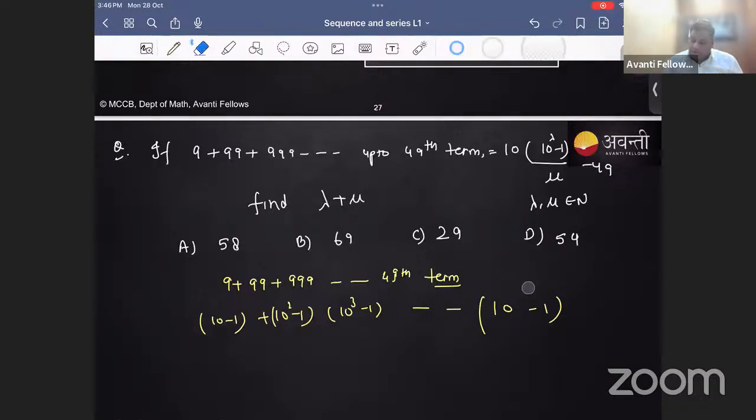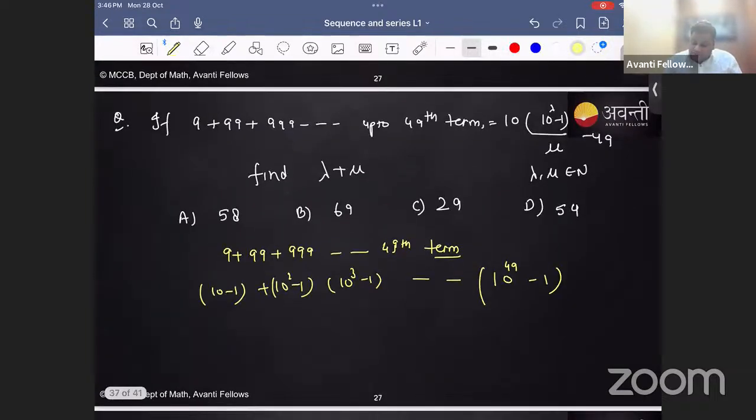You know it is up to 49 terms. So now you have two series: 10 plus 10 squared plus 10 cube and so on up to 10 to the power 49, minus 1 1 1 1 1, how many times? 49 times.